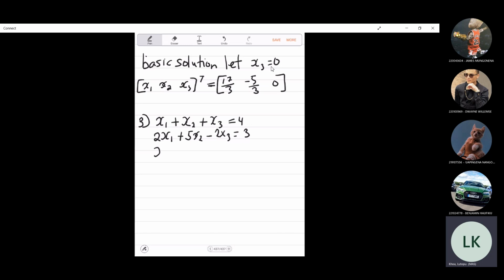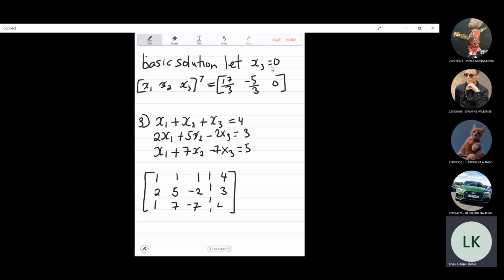Then x1 plus 7x2 minus 7x3 is equal to 5. So again, we write the augmented matrix: 1, 1, 1, and then 4 here. Then 2, 5, minus 2, then 3 here, and 1, 7, minus 7, and 5.